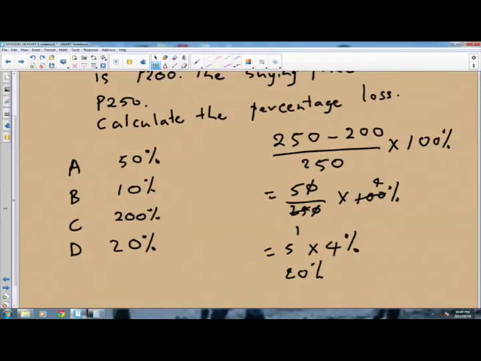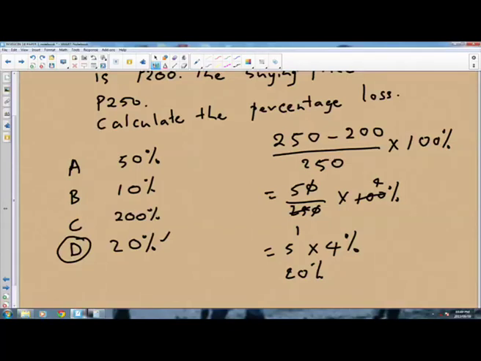We'll now check from the alternatives. We have 50% as A, B 10%, C 200%, and then D is 20%. And this is the correct answer to this question. This is how we find the percentage loss. All that you need to do is to subtract the selling price from the original price.